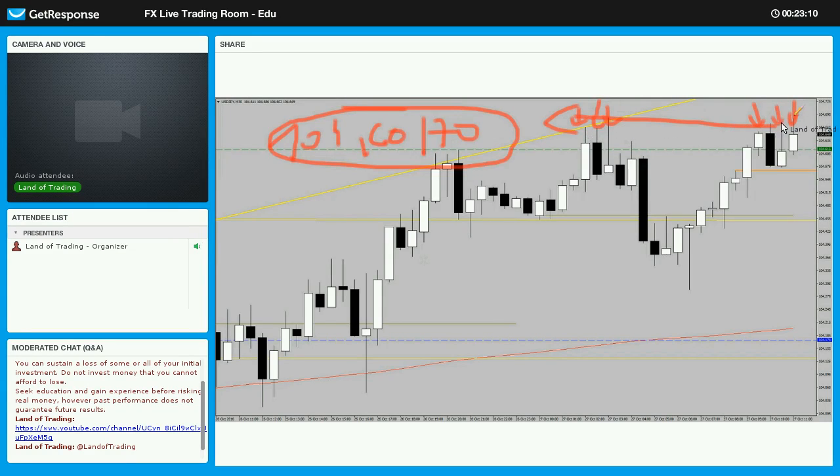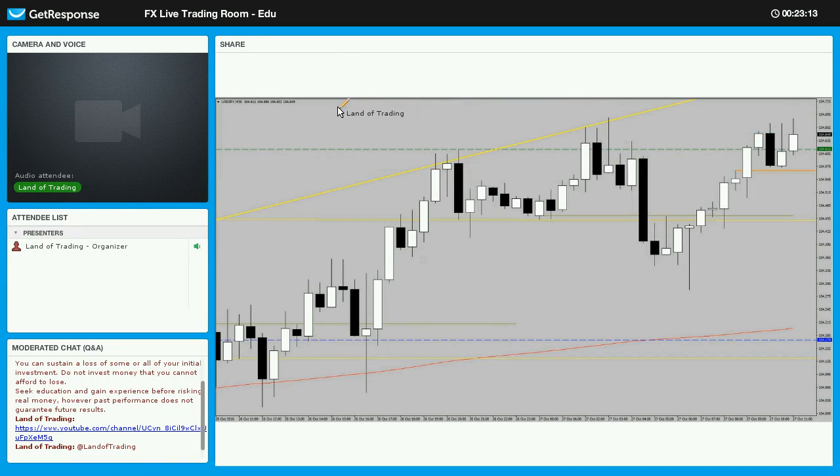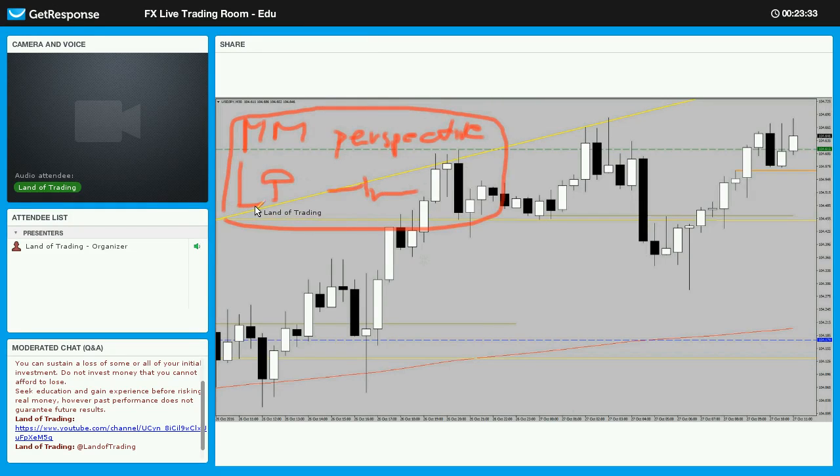But now you have to answer yourself: if you are watching the market from the market maker's perspective, or from the liquidity provider's perspective, and you are a liquidity provider, when everyone is trying to sell, you have to provide the liquidity, so you are a buyer here.